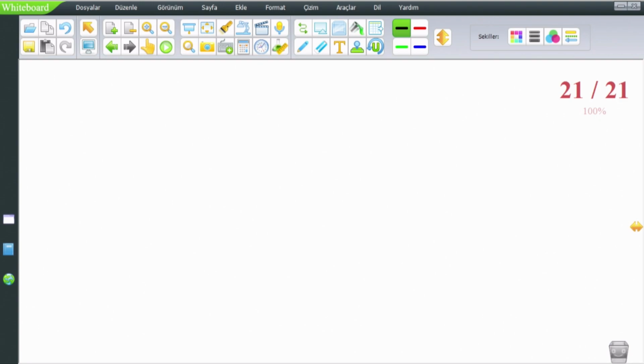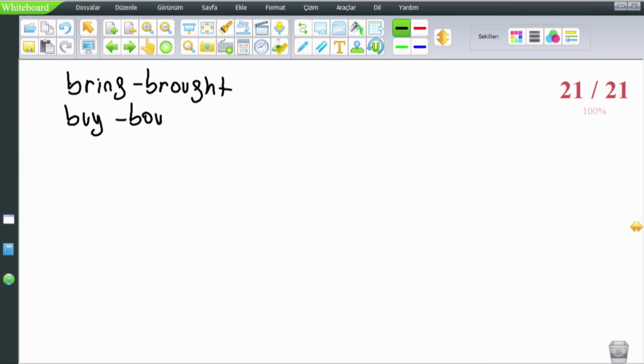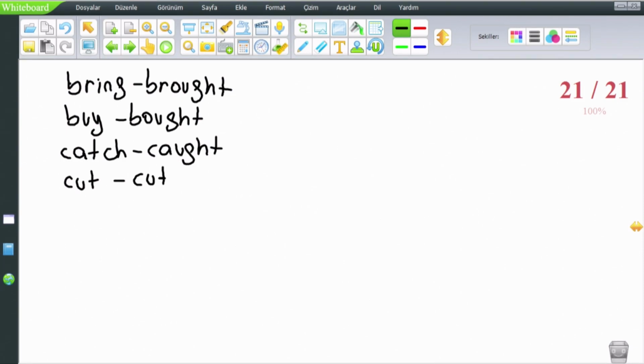Let's start with bring. Becomes brought. Buy becomes bought. Catch, caught. Cut remains the same, it is cut again.